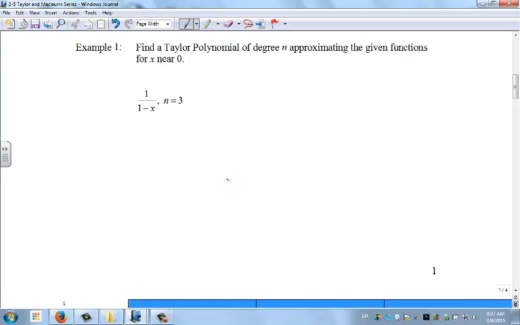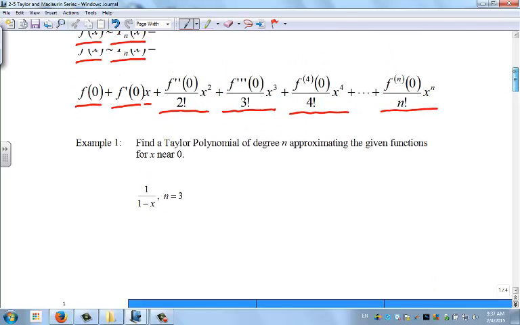Okay, so what we're going to do is we are going to go ahead and find all the derivatives that we need. Now, here's our formula right up here, so I'm going to keep that in sight. So in order to do n equals 3, we need to find 3 derivatives to find p3 of x. All right, so I'm going to first find the derivatives. So f of x is equal to 1 over 1 minus x.